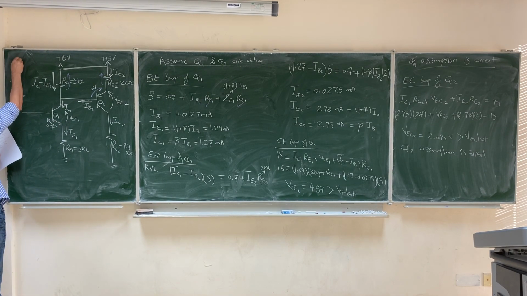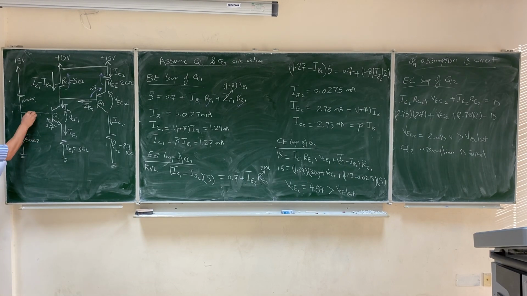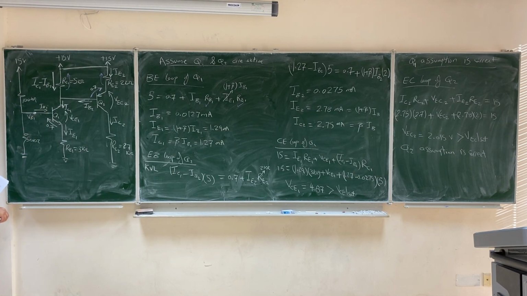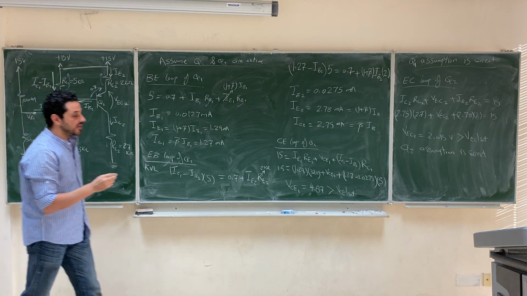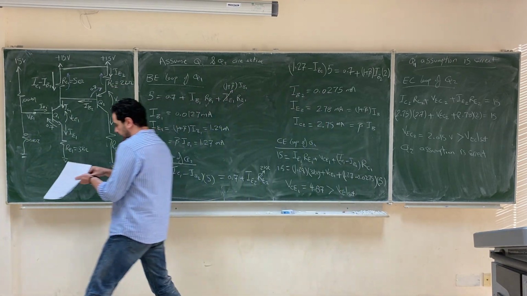So we had an original circuit like this in the beginning, 100 kilo ohm and 50 kilo ohm. We calculated the base current here, I base 1, and this is V base 1. We can say that V base 1 equals the drop here plus 0.7.